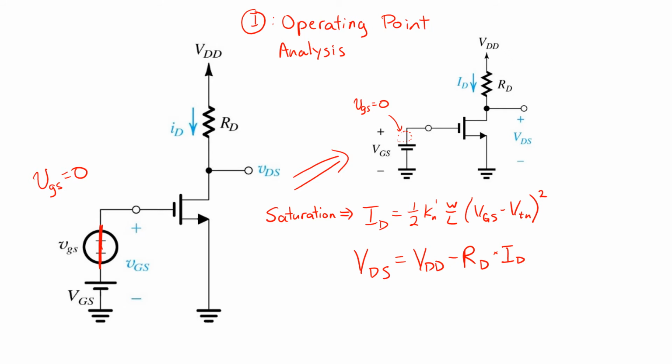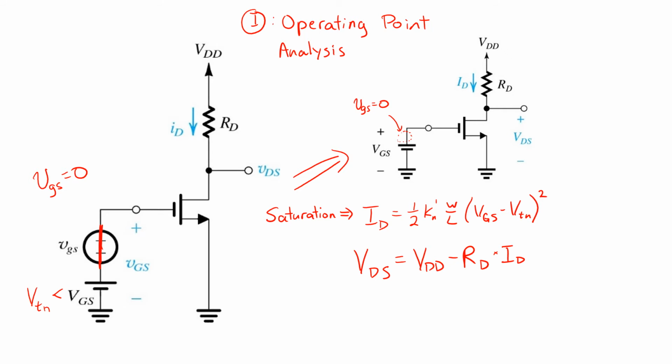And then, of course, we have to go back and do a check. Is the transistor actually in saturation as we originally assumed? Need to make sure, first of all, that VGS is greater than the threshold voltage. So let's take that as given. If it's not, then the transistor will be off. It'll be a pretty trivial case there.